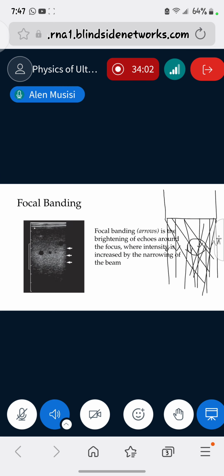Muhimbise Aston, what's your question? Thank you, sir. So my question was, you said that this beam shadowing, in this type of artifact, helps to reveal some structures. For example, if they are stones, you can easily identify them.